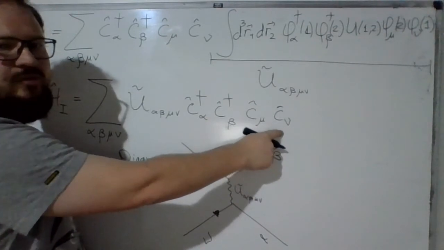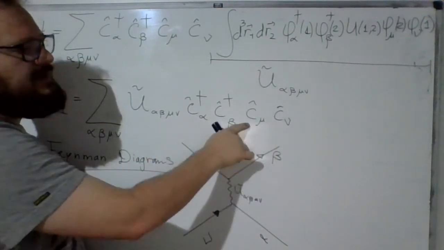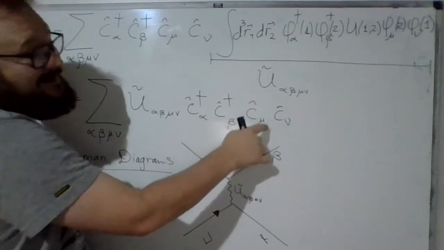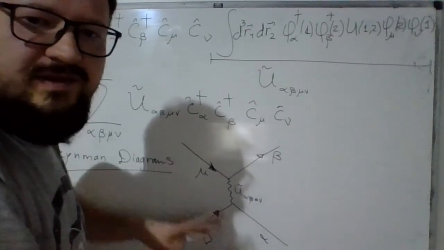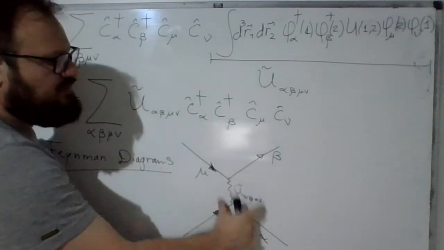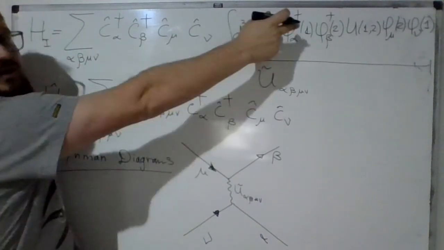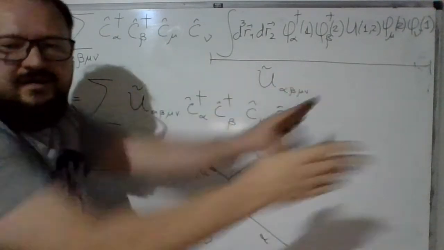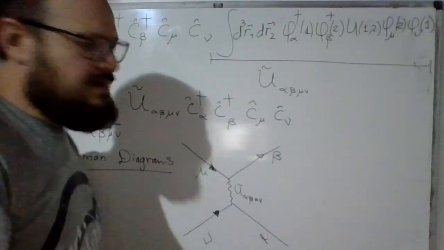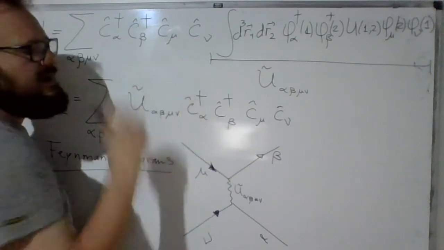This state will be destroyed when the particle collides with an electron in the state mu. These initial states disappear. The amplitude of the interaction is produced by this integral, okay, and emerge from the scattering the particles in the quantum states alpha and beta.